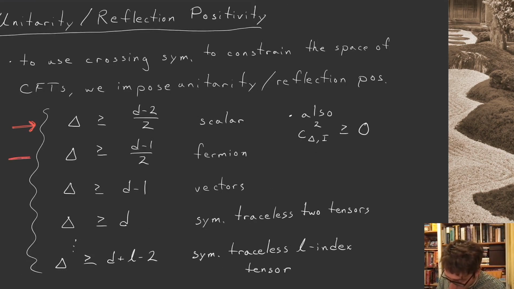For the fermion, when the dimension is (d-1)/2, that's the free fermion. For the vector, when it's a conserved current, the dimension is d minus 1. For the symmetric traceless 2 tensor, when the dimension is d, that's the same as the dimension of the stress tensor, energy per unit volume. For the conserved current, it's charge, which is dimensionless, per unit volume. And that's why you get these d and d minus 1 scaling dimensions.